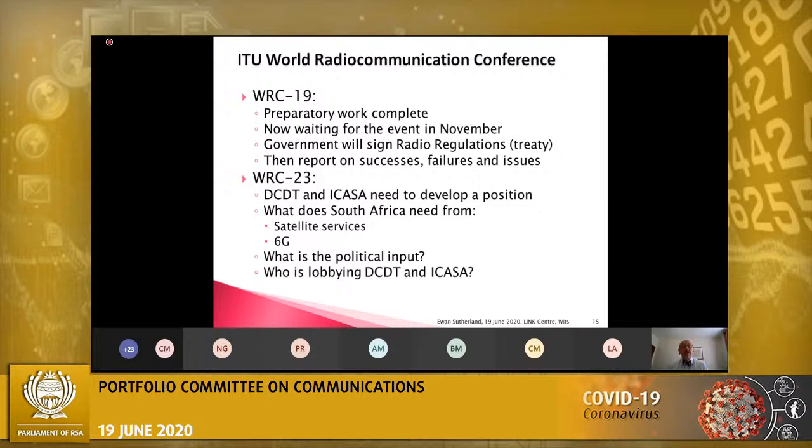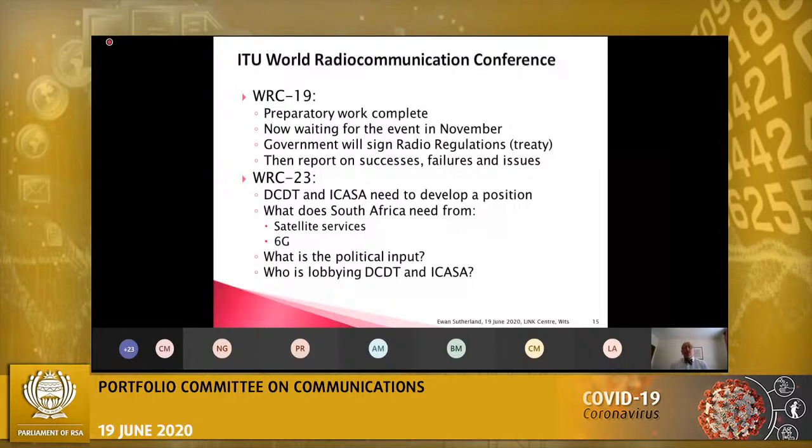So we're now waiting for the World Radio Communication Conference in November. We'll find out what the treaty says and what the successes and failures are and what the issues will be through to 2023. So we then need to ask, well, what would a position for South Africa be?